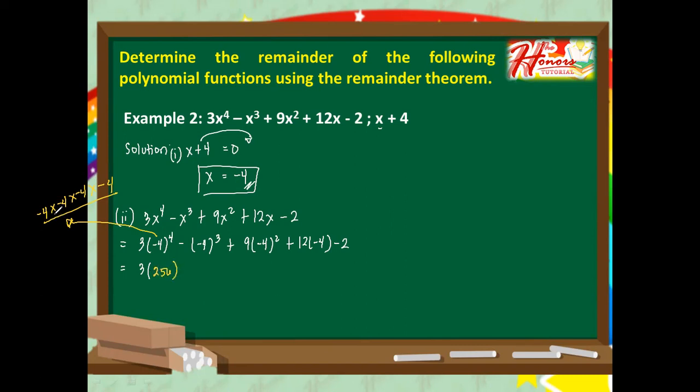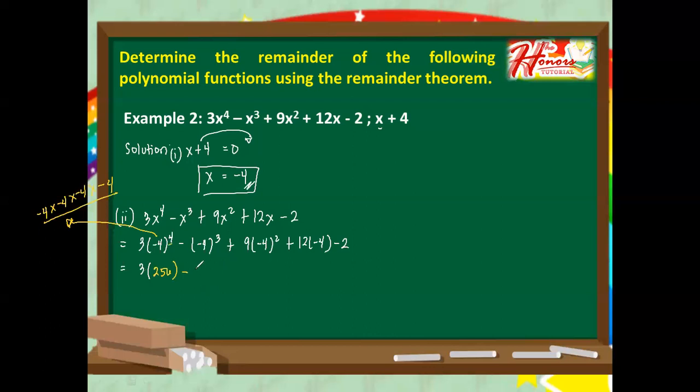Why? Because your exponent here is an even number. Remember, when you raise a negative number to an even power, your answer is automatically positive. Negative times negative is positive, positive times negative is negative, negative times negative is positive. So the answer is positive 256 minus negative 4 raised to 3.